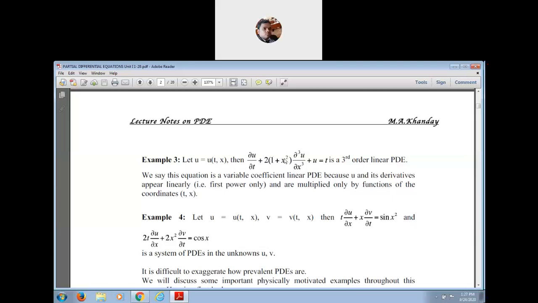Suppose it looks like del t plus y into 1 plus x squared into del x cube plus y, whole power 2.